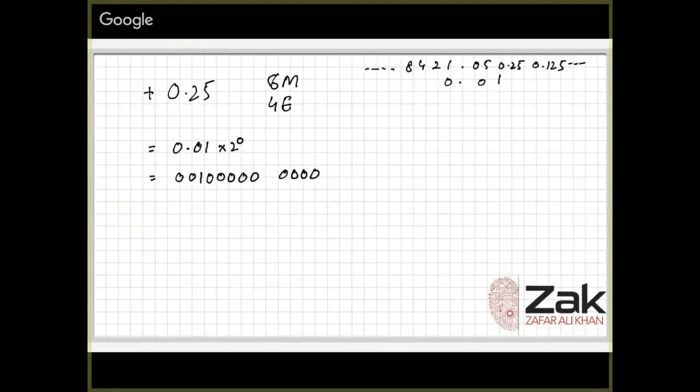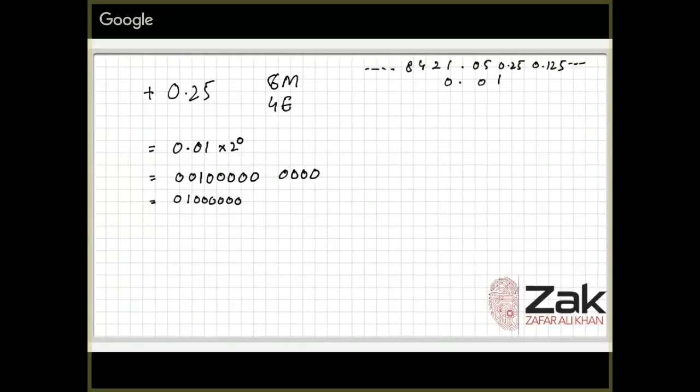Is that correct? No. Why? Yes, we have to normalize it. I thought you were saying that it is converted wrong. It is converted alright, but what we found on the way is that it is non-normalized. The computer will not save it, so we have to normalize it. If we normalize it, this would become 0, 1, and the exponent 0 minus 1 becomes what?